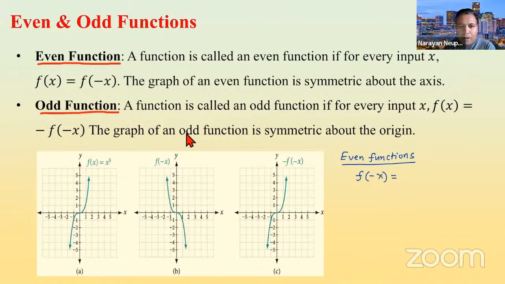If you plug in negative x to the function, f of negative x will be equal to the original function. If f of negative x and f of x are equal, then we say that the function is an even function. That is only true in case of even function.